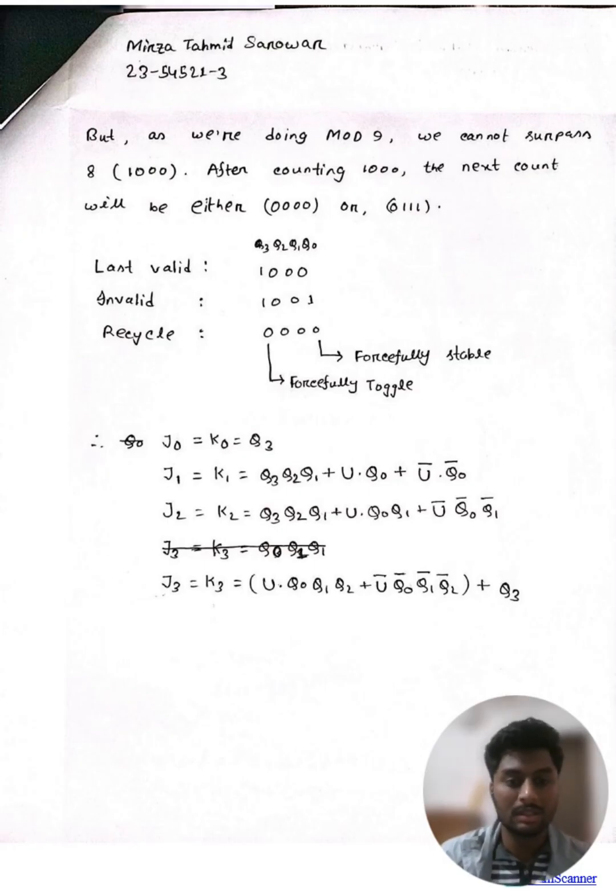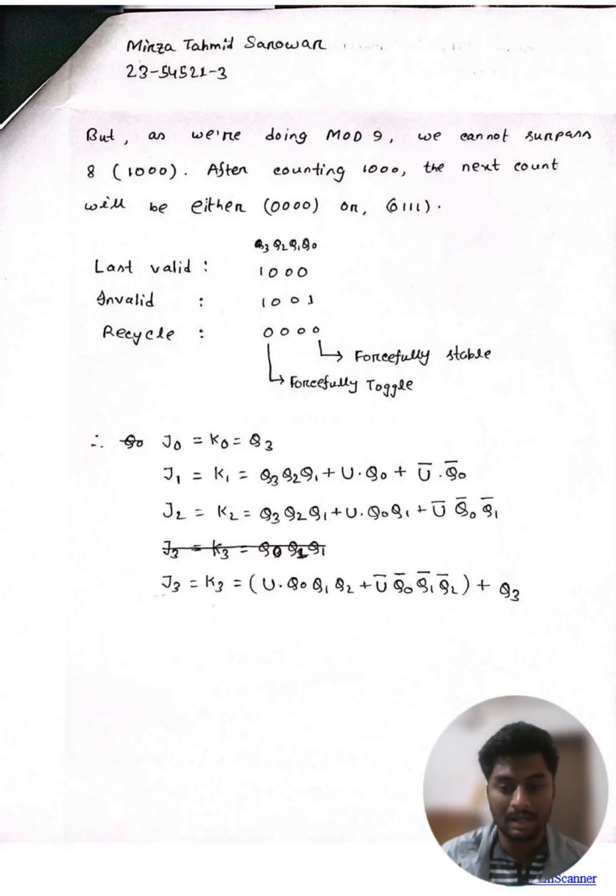So this was the logic, and we have two formulas for forcefully stable and forcefully toggle, and after using those formulas we get these equations where J0 and J3 will be changed, and J1 and J2 will follow the regular rule. And these equations ensure that when the entry sensor is active, the counter moves to the next higher binary value, and when the exit sensor is active, it moves to the next lower binary value.